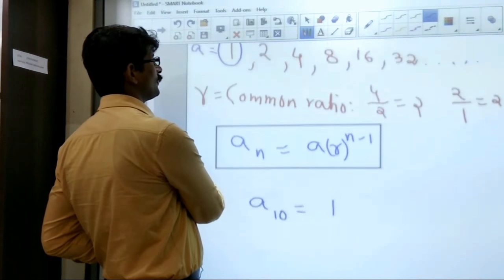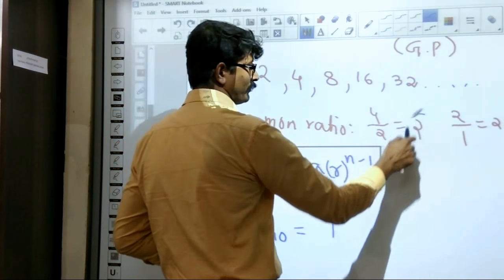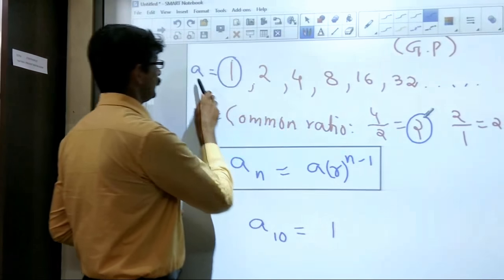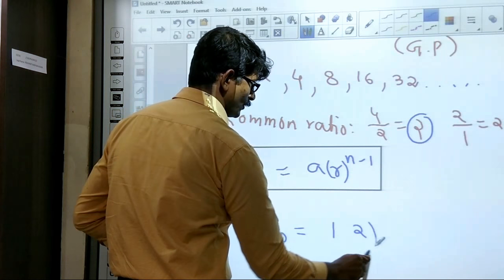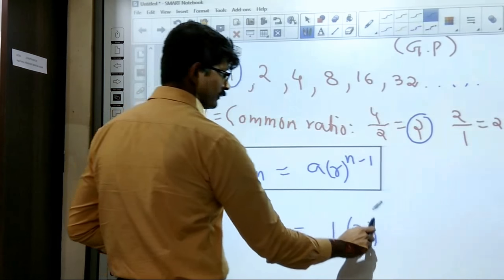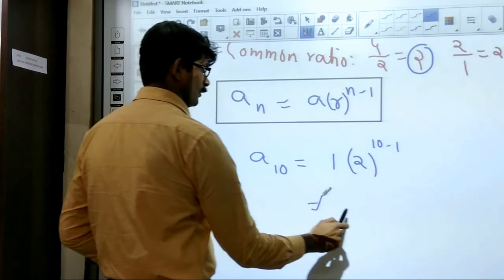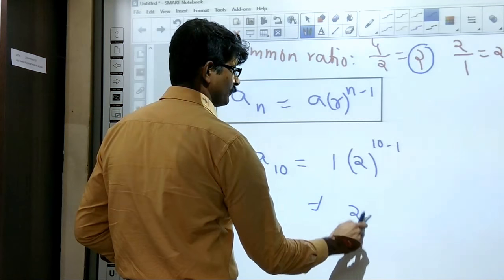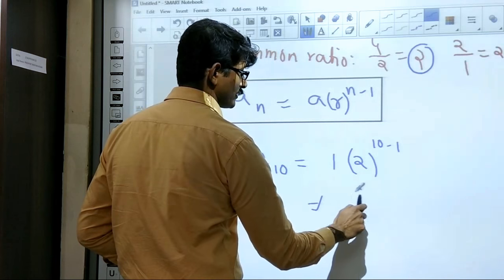Look at it, I have written already. a is 1 and r is 2. So 1 into 2 raised to the power n, where n is 10, so 10 minus 1, which is 9.